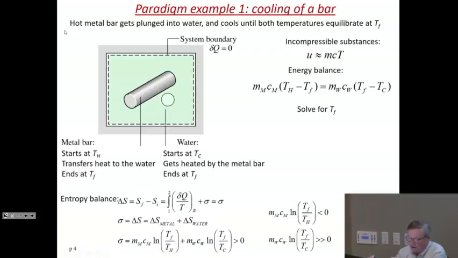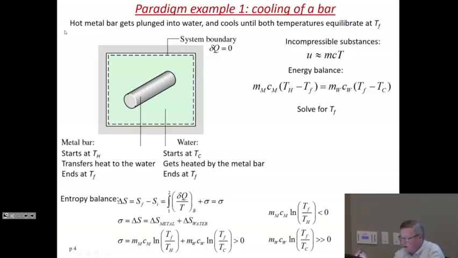The heat will drain out of the metal bar and heat up the water, so that the metal bar starts at H and ends up at F, the final state, and the water starts at C and ends up at F also, the same final state, because that's the equilibrium condition. We put this whole thing so that the control volume encompasses both, but is thermally isolated from outside. So there's no heat that crosses the boundary for the total system consisting of both water and metal.